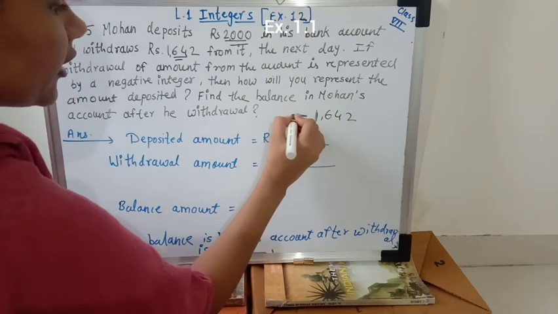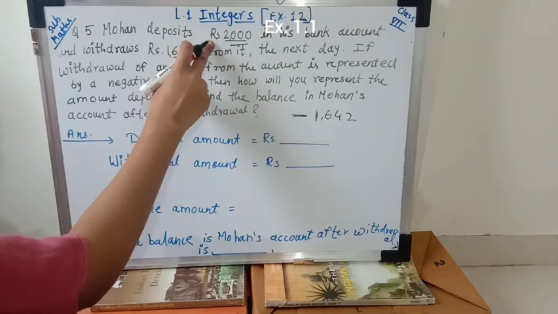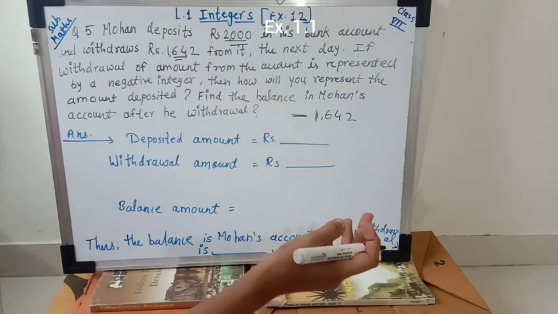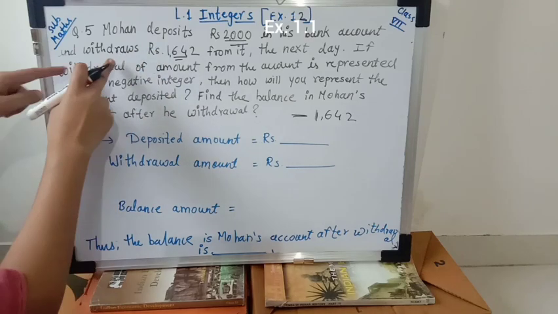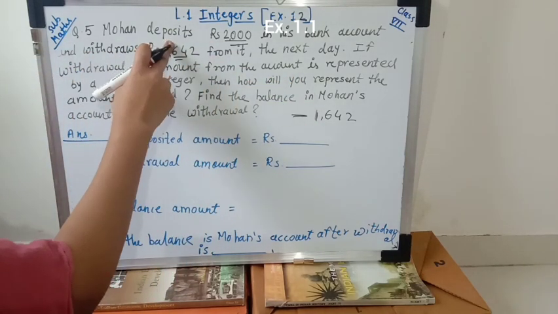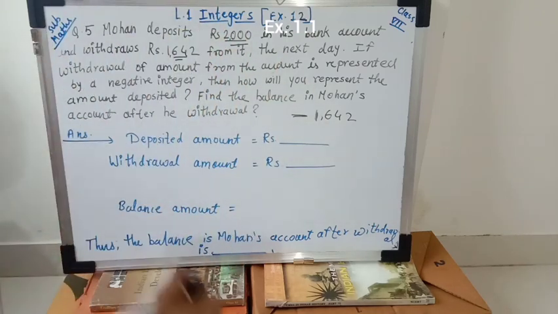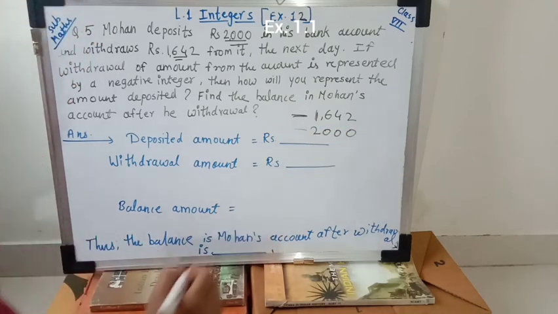If we are representing the withdrawal as a negative integer, how will we represent the deposit? Here it is very simple. If we consider withdrawal as a negative integer, then the deposit should be considered a positive integer. So here 2000 will be a positive integer.